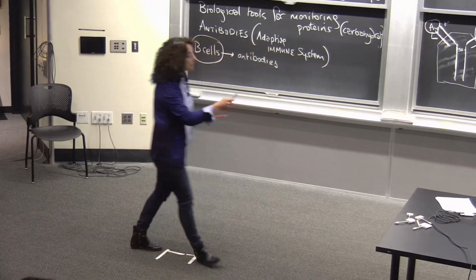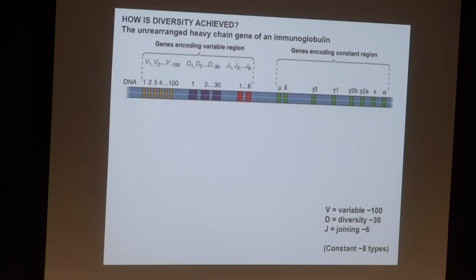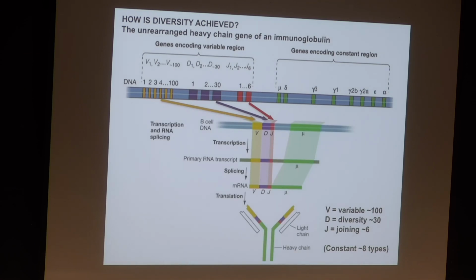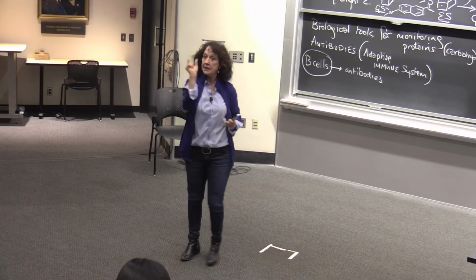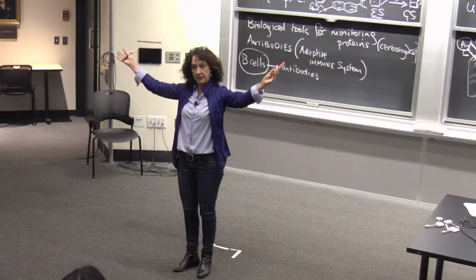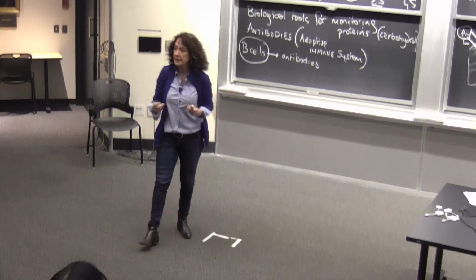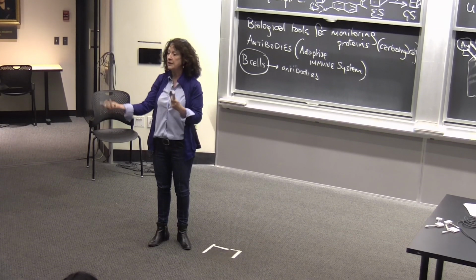So instead, there is a particular system which provides little portions of the DNA structure that are in little pieces of variable components that can get zipped together through transcription and splicing events to give you a bunch of antibodies that have different variable regions. And this is what's known as the VDJ system, and you'll hear more about that from Professor Martin. So basically, it's a combinatorial system to take little pieces of DNA into a supramolecular structure to give you antibody combining sites that can recognize virtually any target.